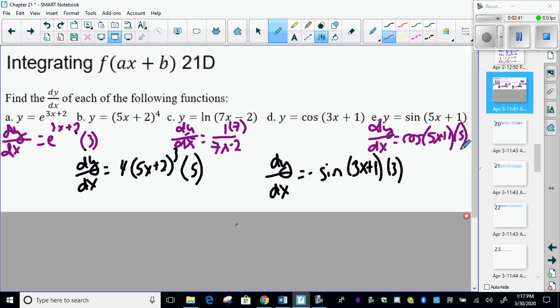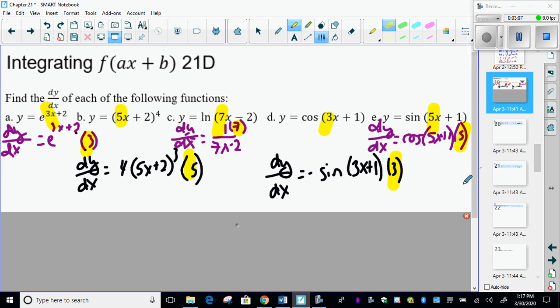So again, just remembering how we actually take the derivative of these, because now when we try to undo that derivative, we have to remember that we always have to take the derivative of that linear piece. 5, 3, 7, 5, 3. So that way we don't lose those pieces that we have to then multiply on.